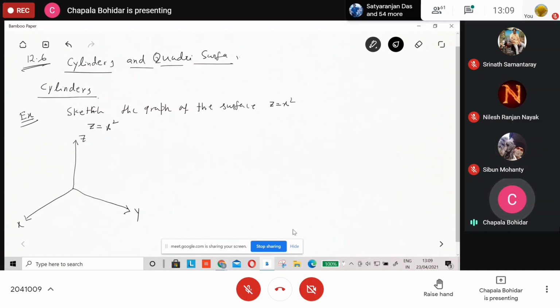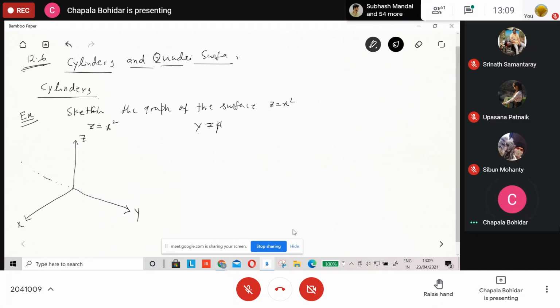Yes. So now here y is not given, so you find your parabola that lies here. All the parabolas along the y axis. I can consider y is equal to k.